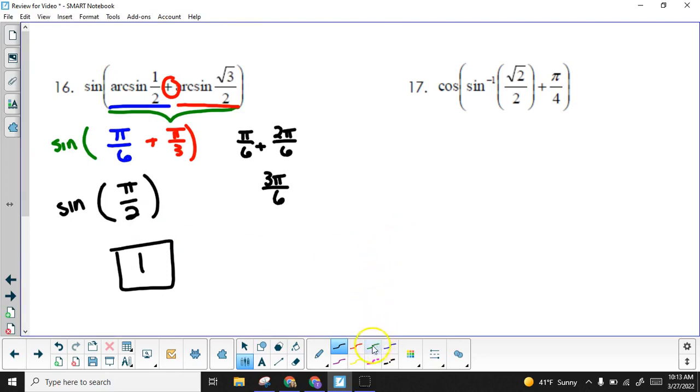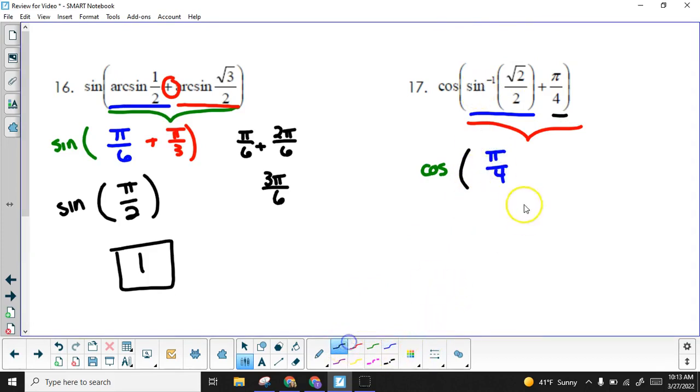Number 17, we have the cosine of the inverse sine of root 2 over 2 plus pi over 4. So we need to evaluate all of this part first, and then take the cosine of all of that. In here, there's one thing we need to evaluate, and then we need to add. Okay, the inverse sine of root 2 over 2 is pi over 4, because pi over 4 has a sine value of root 2 over 2.